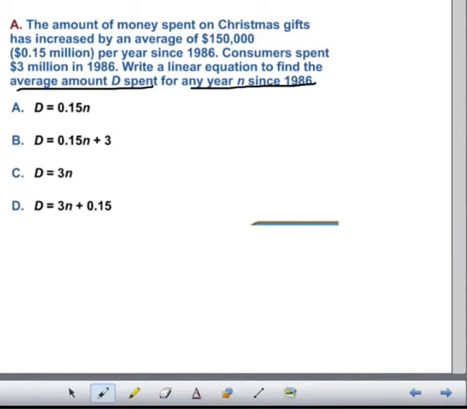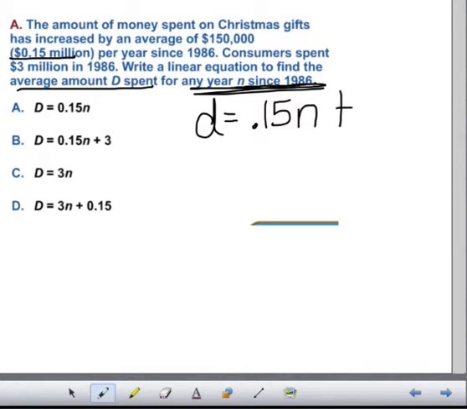So I want to find an equation to find D, the number of dollars spent. So D is going to equal what? I've got to figure that out. Well, if they spend an increasing of 0.15 million a year, so that's going to be 0.15. N is the number of years since 1986. And then in 1986, they started out with what?